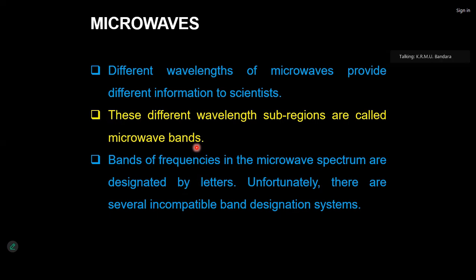But if one band is L, the next band is C, the next band is X, then you can get confused about what is L, what is C, what is X. This is not a continuation of 1 millimeter to 1 meter, and you get confused about why you are using L, why C, why X. There is no abbreviation or anything. They are just using different names. That is the problem with using letters here.